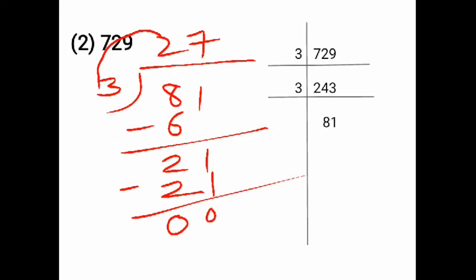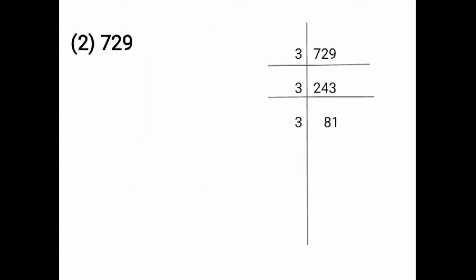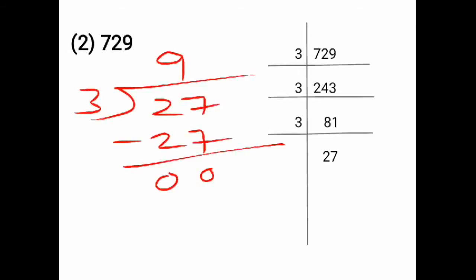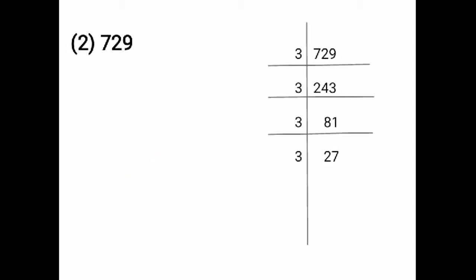Again divide the number 81 by 3. Quotient I am getting is 27. That is 3 into 27. Again I have already divided the number 27 by 3. 3 nines are 27. That is 3 into 9.